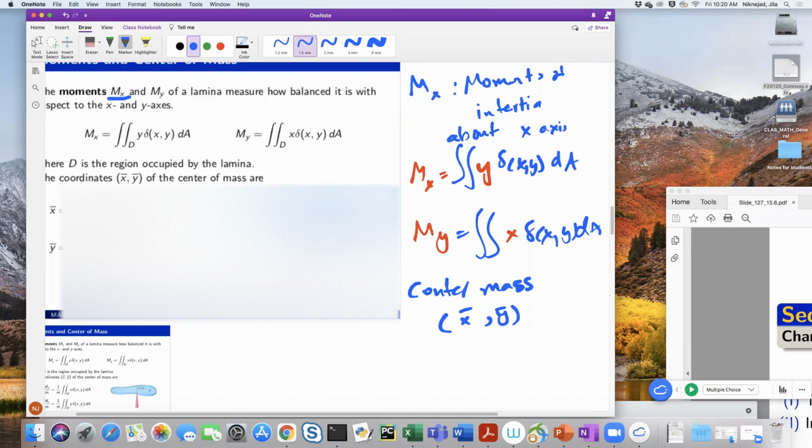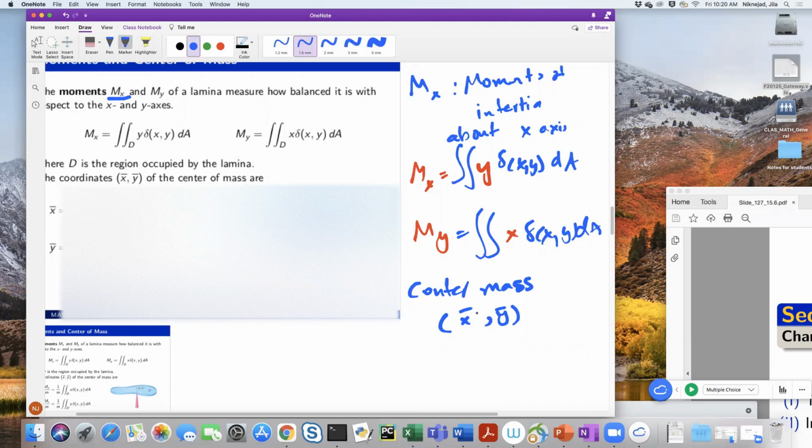Center of mass is a point right here. Center of mass is where you have the stability. If you put the entire lamina on top of the center of mass, everything can stay, and what do you call that? It's not falling one way or another. Static. Yeah, it's going to be static.